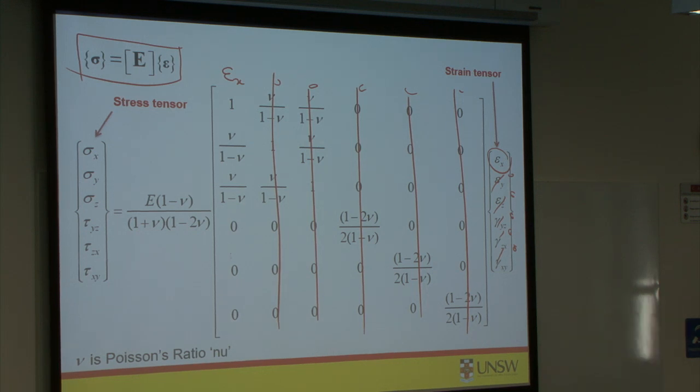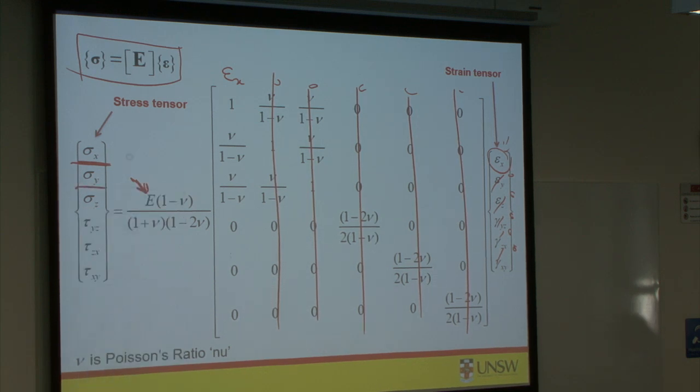And our question is, what's our stress based on that? Our stress in the x won't just be Young's modulus times the strain that we see in the x, but how much stress we see in the x will depend on the propensity of the material to reduce in the directions in which it's not stressed. So we bring in Poisson's ratio, here shown as nu, and you will get some stress in the y direction.